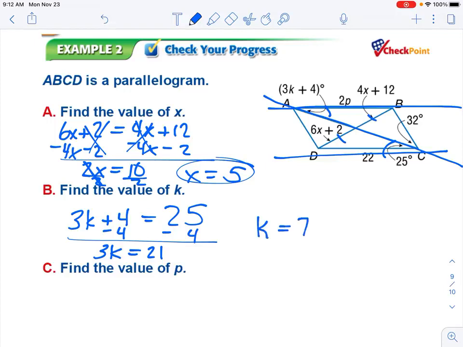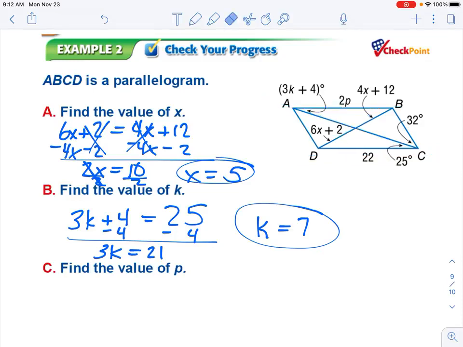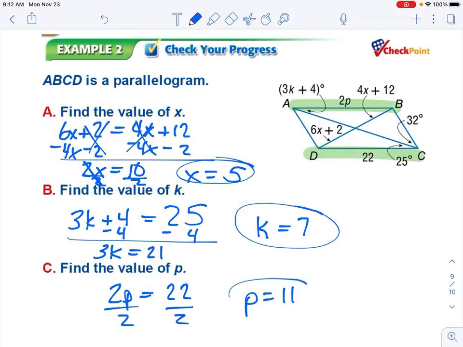So K is going to equal 7 when we solve. And then the value of P, maybe the easiest one we have. These two opposite segments are congruent because this is a parallelogram, so we have 2P equal to 22. So P equals 11.